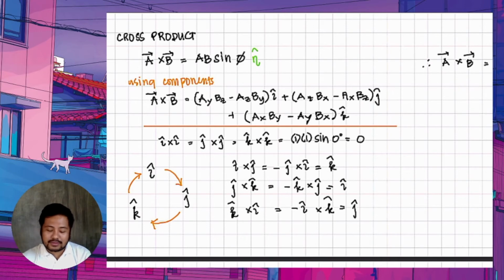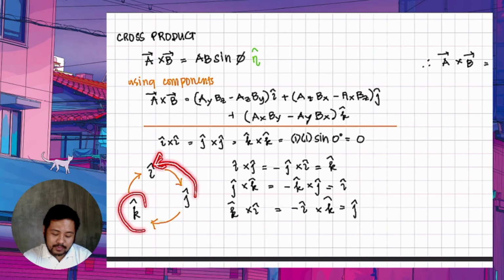Okay, we also have the opposite direction. i cross j is just equal to negative j cross i. So going from j hat to i hat, it will result in negative k hat, in the opposite direction.